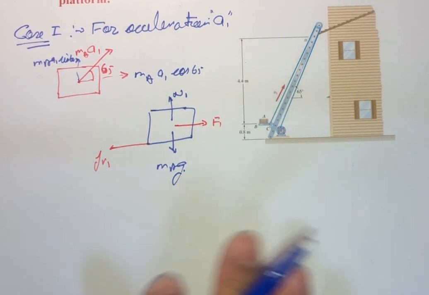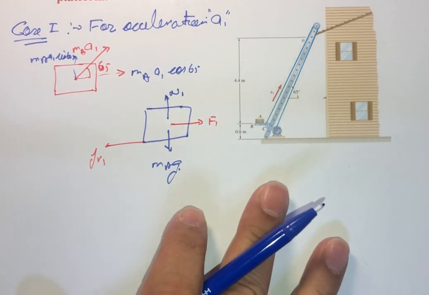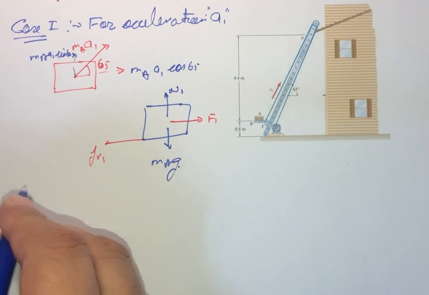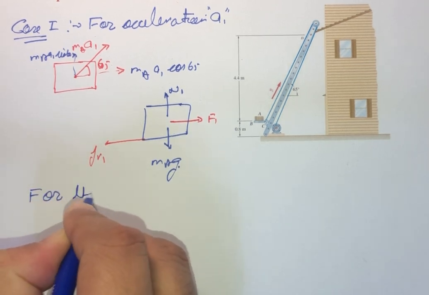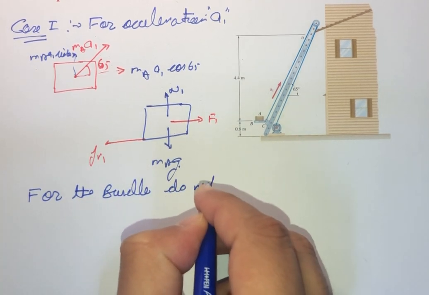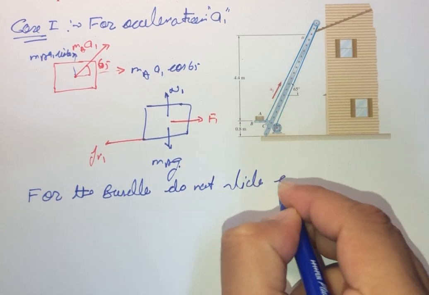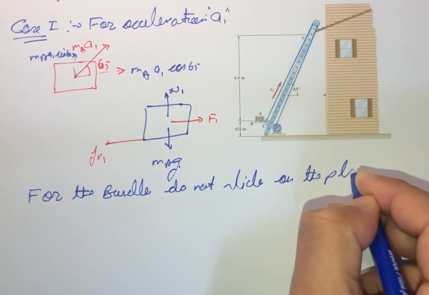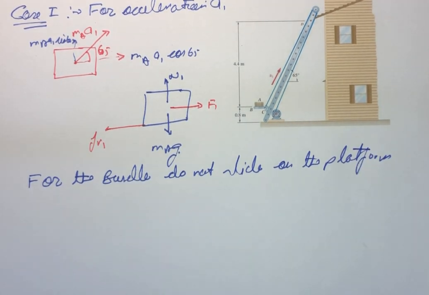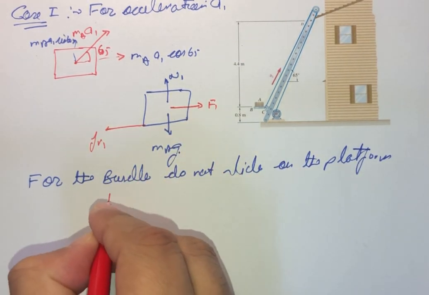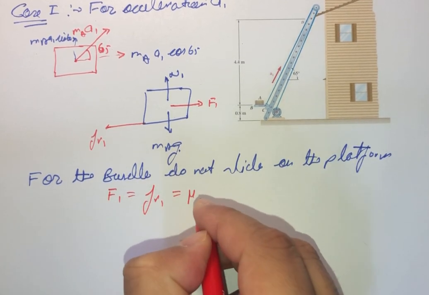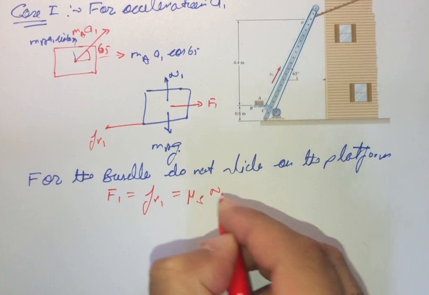So these are the various forces acting on it. If it says that the bundle should not slide on the platform, then F1 should be equal to FR1, which will be equal to mu static times normal N1.